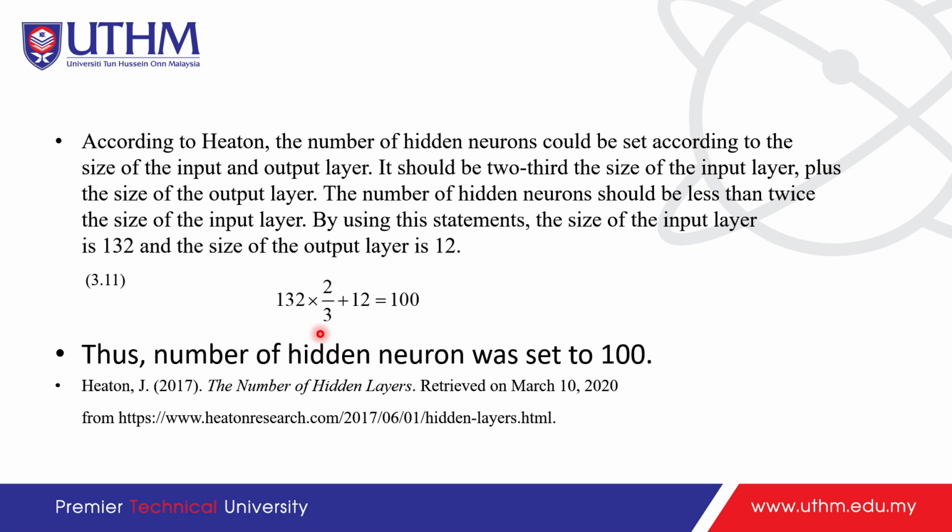So 2/3 of the input size, 132, plus the output size, 12. Using this calculation, the hidden neurons should be set to a hundred.